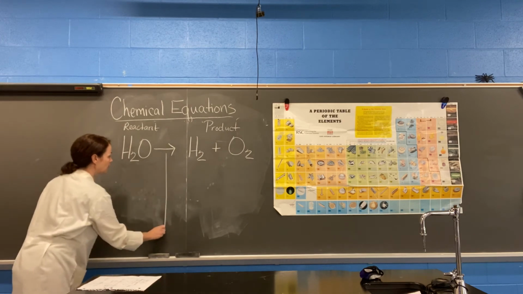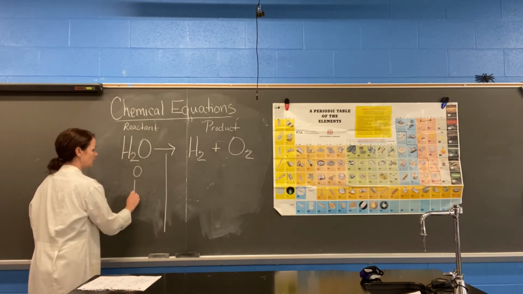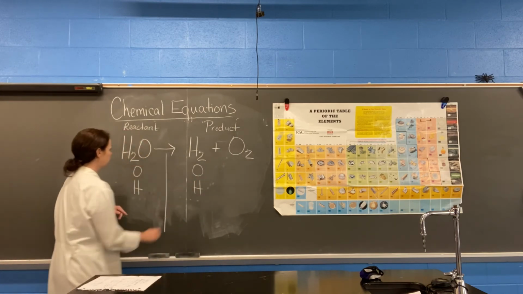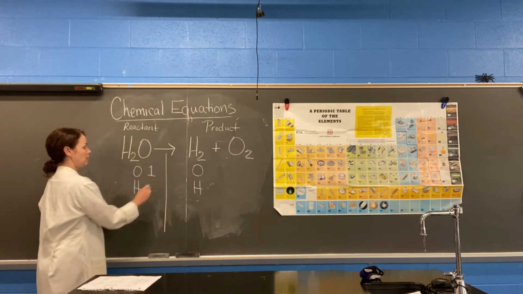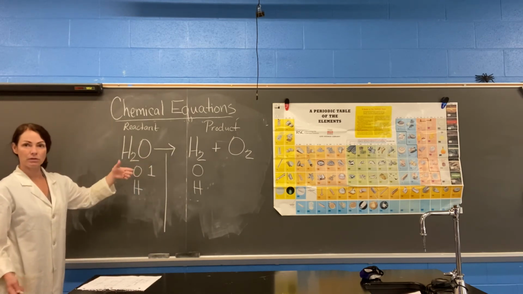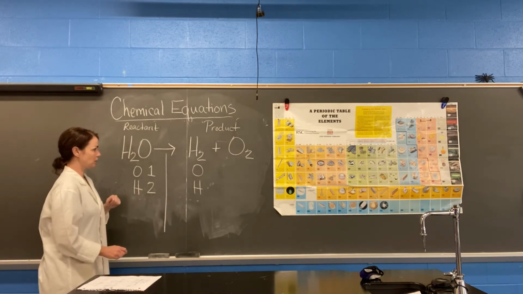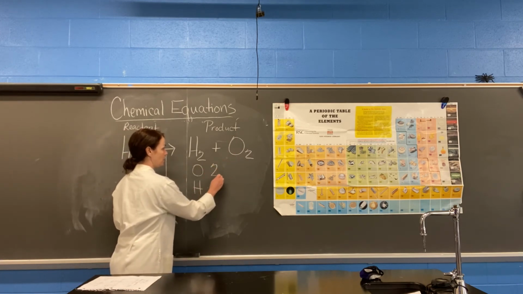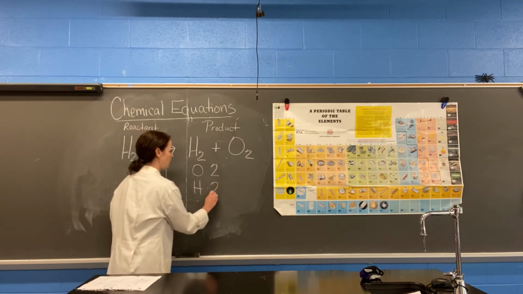I'm going to draw my line and I'm going to make my list of elements. We have oxygen and we have hydrogen on both sides. On this side, we have 1 atom of oxygen because we have that ghost 1 as a subscript, and we have 2 atoms of hydrogen. Over here, we have 2 atoms of oxygen, and we have 2 of hydrogen.